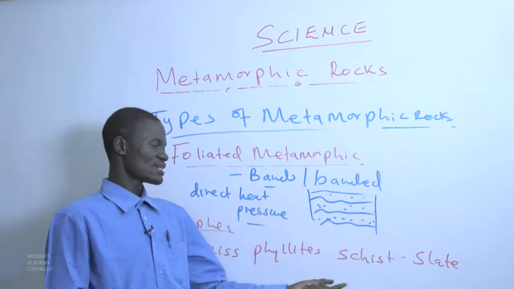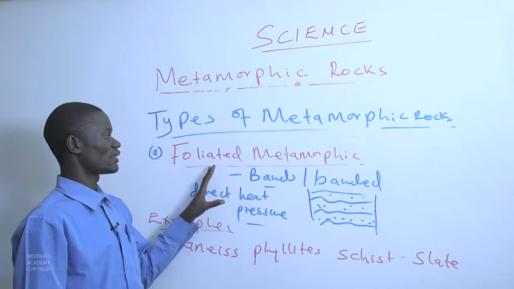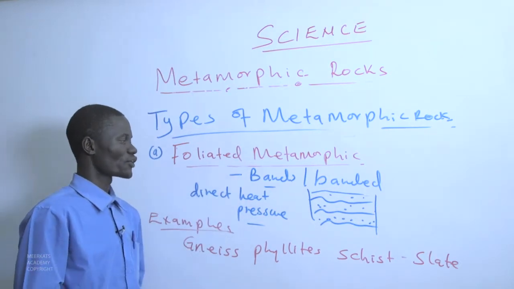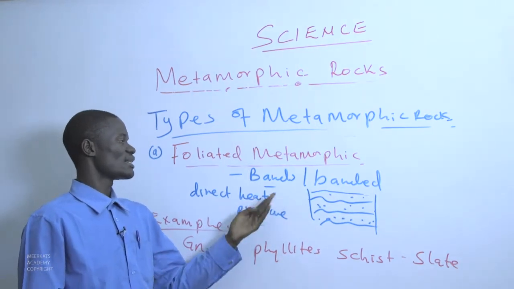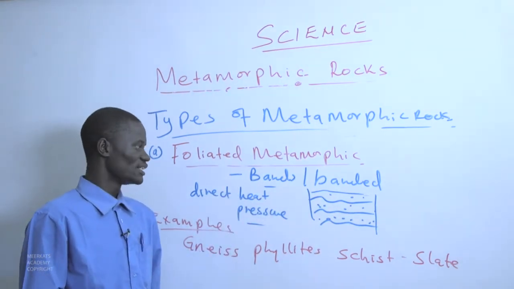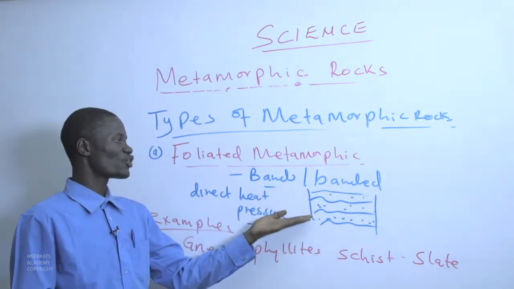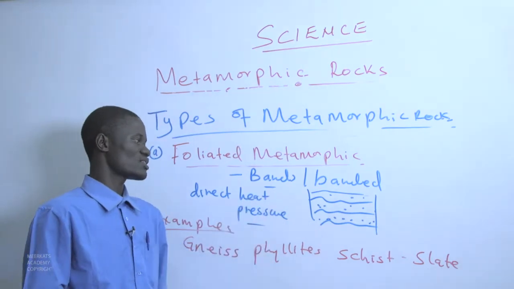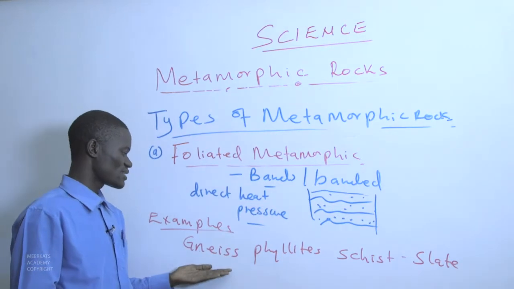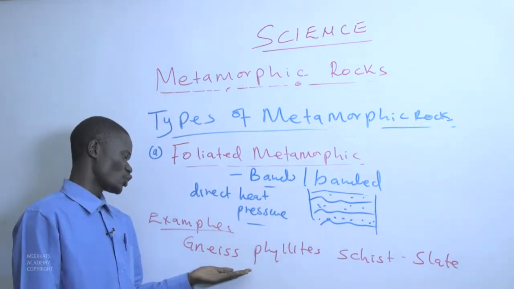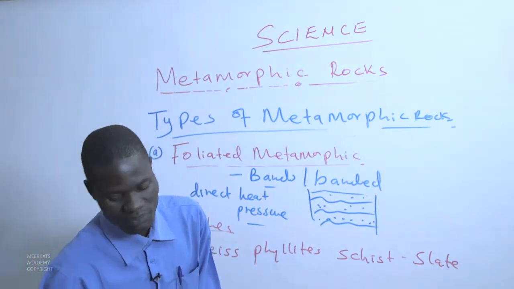Gneiss, phyllite, schist, and slate are the best examples of the foliated metamorphic rocks. Why? Because their formation has resulted after being exposed to direct heat and pressure, therefore making bands that can easily be seen by our eyes, giving rise to gneiss, phyllite, schist, and slate as our best examples.